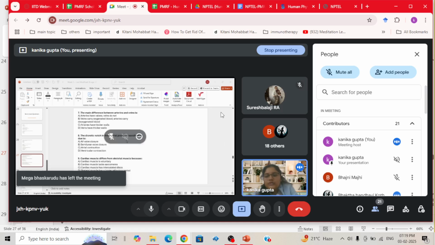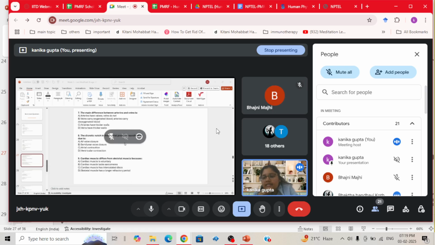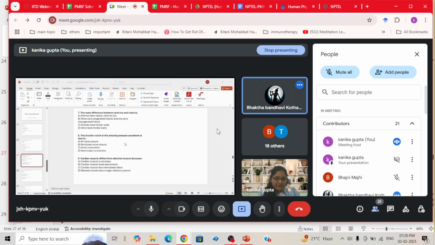What is your answer for question 7? The question is, the main difference between arteries and veins is, just write the option number A, B, C, or D. Okay, B, your answer is B. And other people, what is their answer?